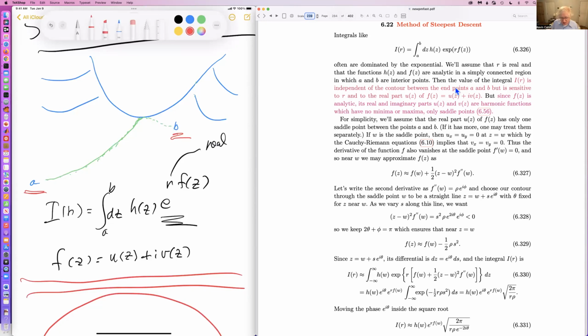So it's a minimum in one direction and a maximum in the other direction. So it's a minimum this way, and it's a maximum this way.